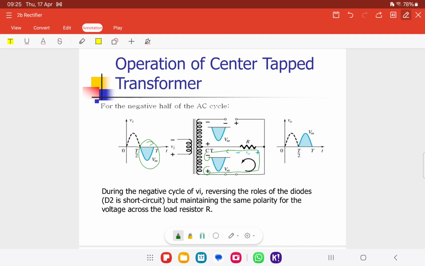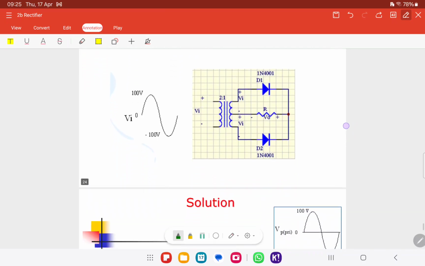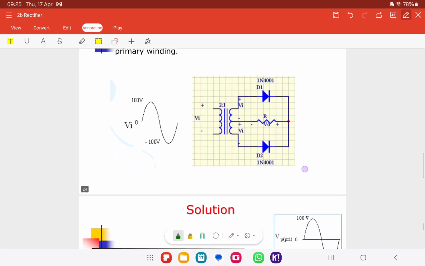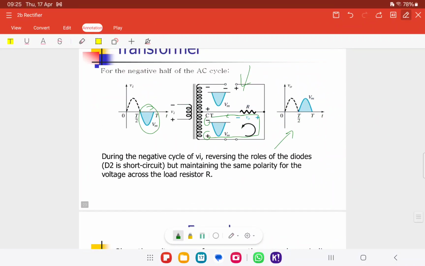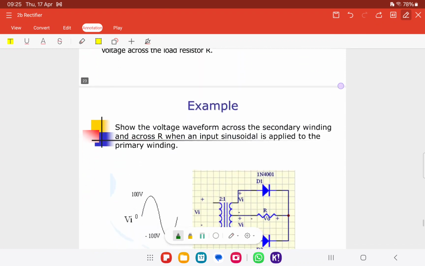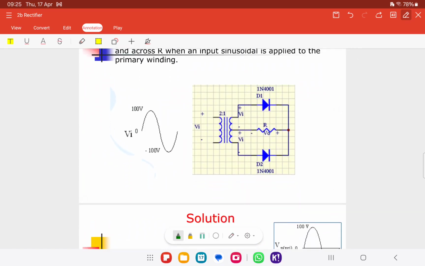The process is the same as the bridge network, but it is a different circuit. The output is similar to the bridge network, but the formula is a little bit different, because in the transformer circuit we only have one diode. In the bridge, depending on the circuit, if there are 2 diodes, it is minus 2 VD. The other thing we need to consider if we use the transformer is the winding ratio.